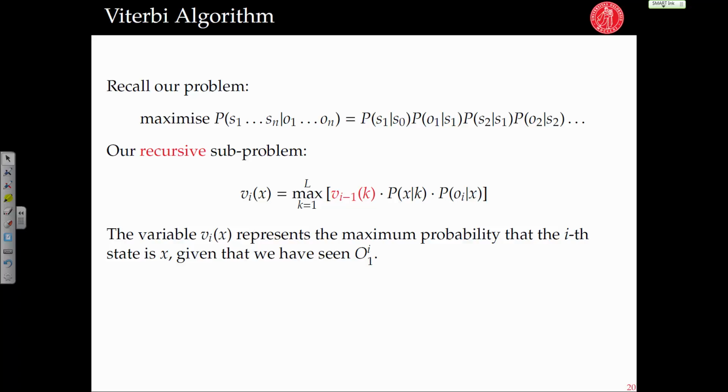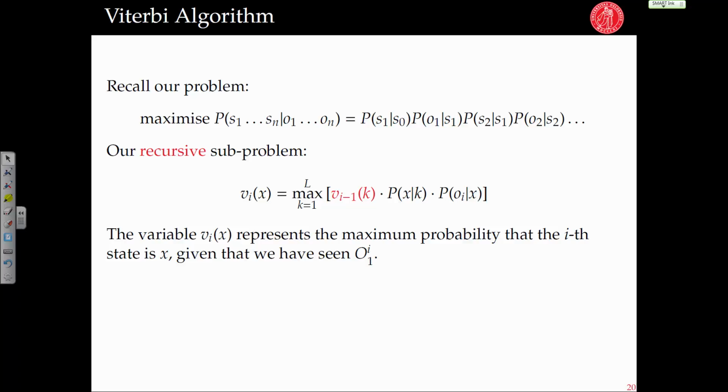We multiply that by the transition probability from the state k to x, and the emission probability of the observation at the current time point i, given the state whose maximum probability we are computing.